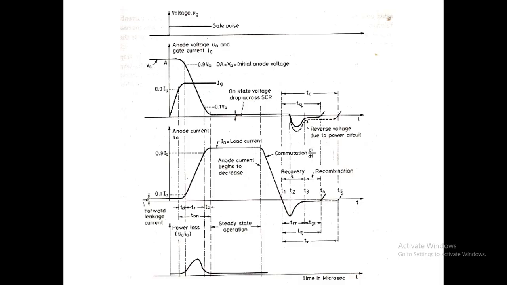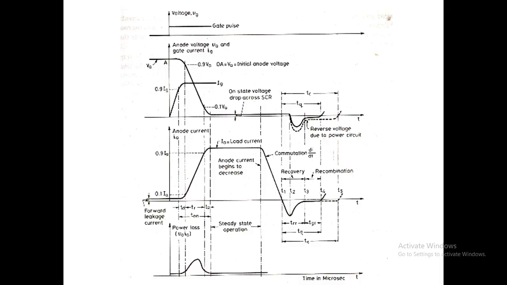So on giving the gate current, that will inject some charges into the gate layer, that is the P-type layer, and after that the initiation of the anode current will happen. So the anode current will be increasing.